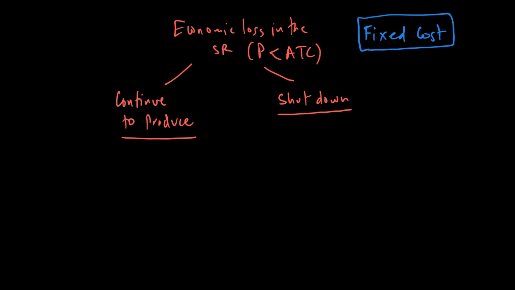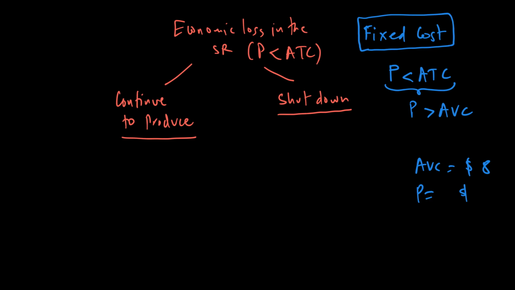So let's say that price is less than ATC, but what if I tell you the price is still greater than AVC? Let's say my AVC is $8, my price is $10, and my ATC is $12.